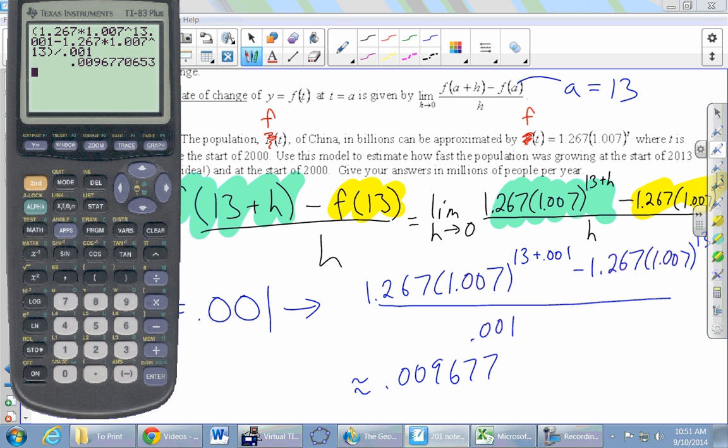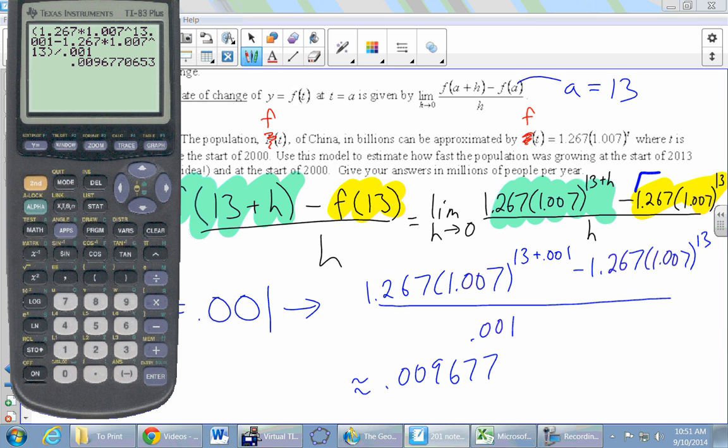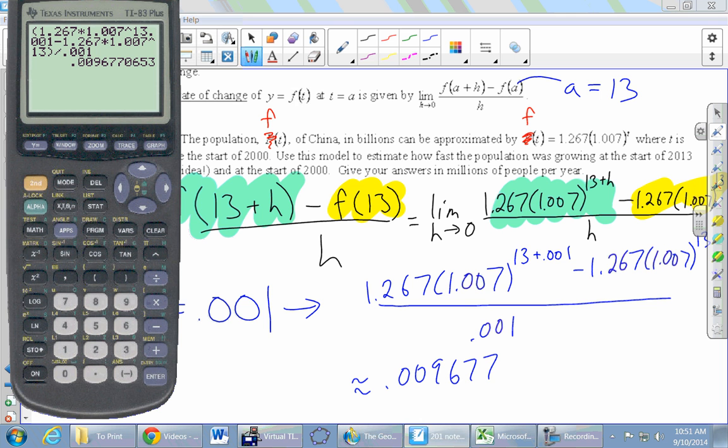Okay, as soon as we get some units up here, this number will have meaning to us. The numbers on the top, this 1.267, and that stuff to the 13, what were the units for that calculation? It was billions of people, right? The f calculations on top were both billions of people. So this must be, on the top of my fraction, billions of people over. Now the h, it seems like it's unitless, but it has units.